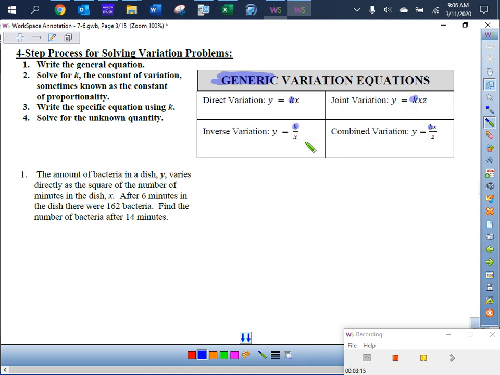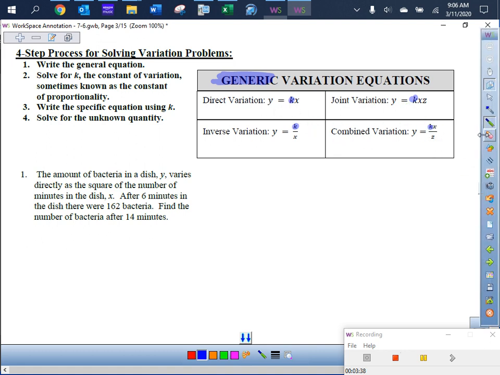This is what the scientists are looking for. There's research done in some real-world scenarios. I have a couple stories. They find the relationship: if this increases, that increases, or if this increases, that decreases. Sometimes there's more than one variable involved, but there's always this constant of variation.